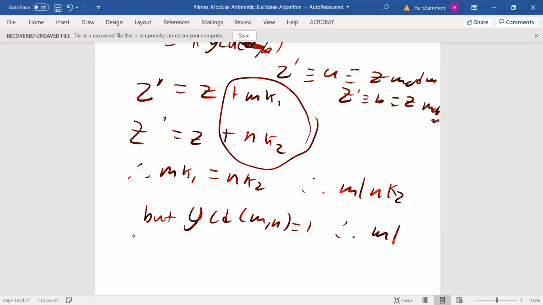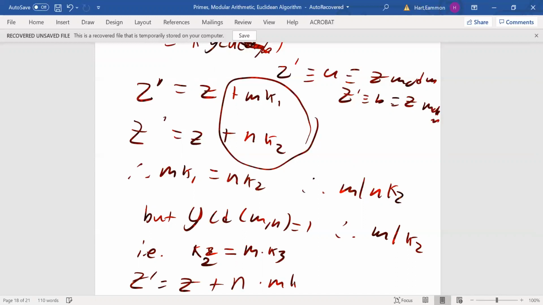Therefore, M divides k2, i.e., k2 is equal to M times k3, which gives us our contradiction, because this tells us that Z prime is equal to Z plus N times Mk3.